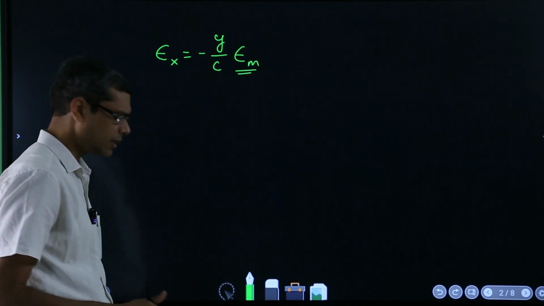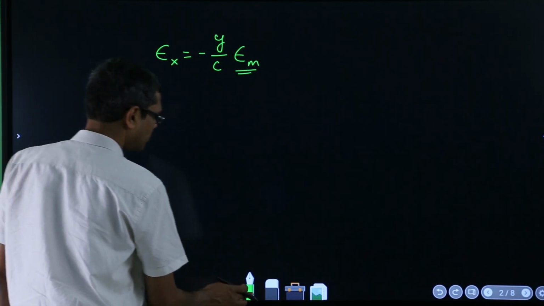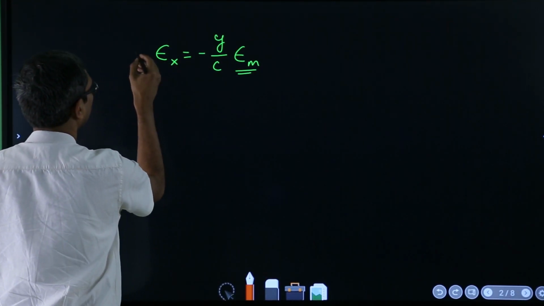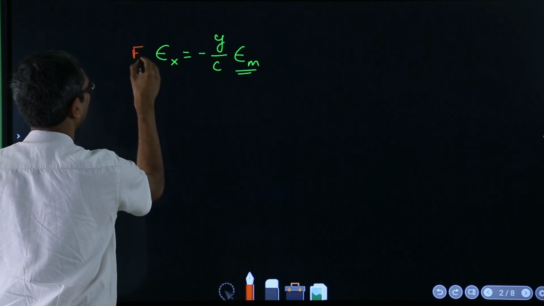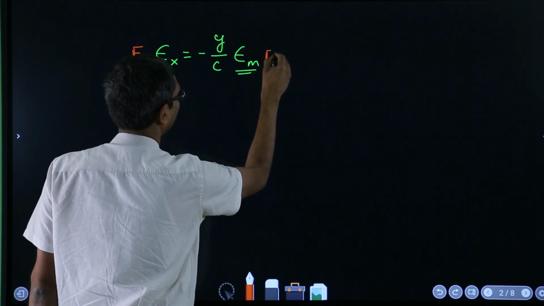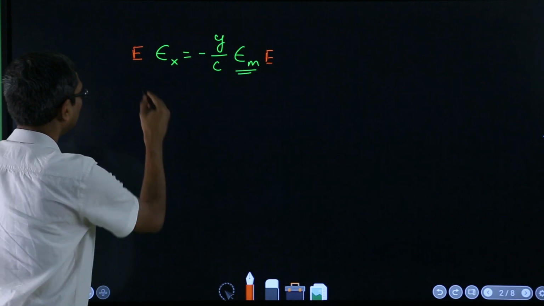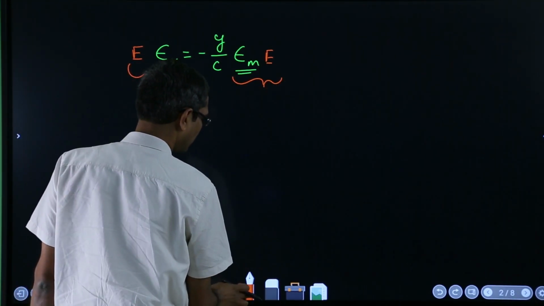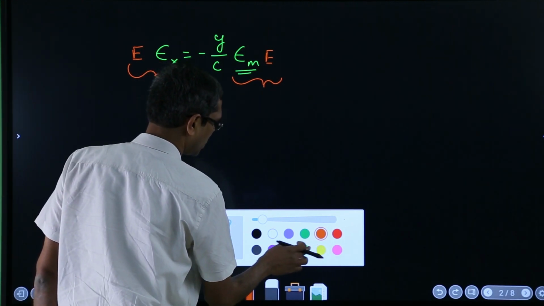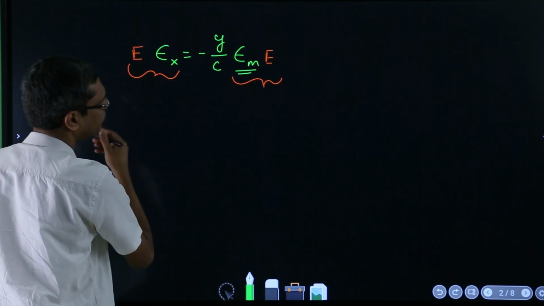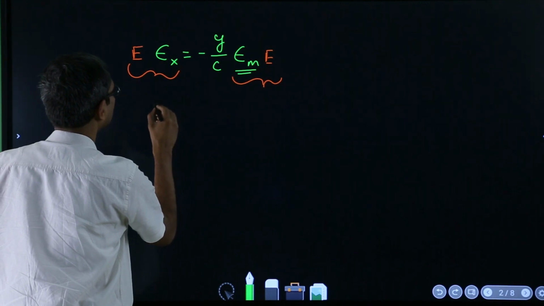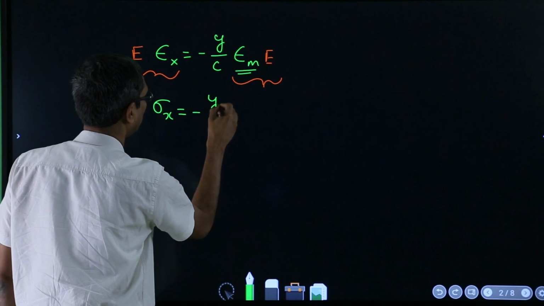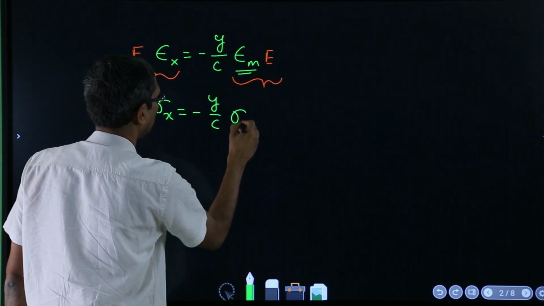That means everything is linear, so if I just multiply by the elasticity modulus E here and E here, this will give me the stress values, because stress and strain are proportional under the yield point limit. So I can write that sigma of x is negative of y over c times sigma m.